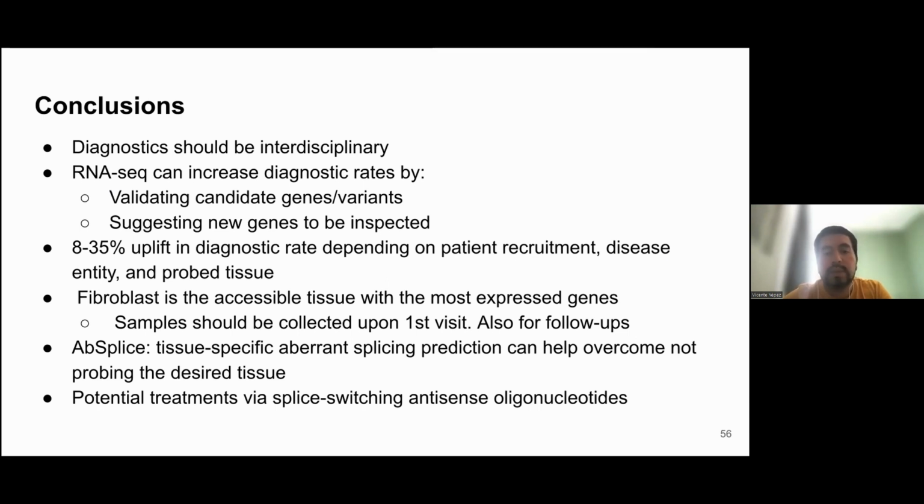So one recommendation could be that samples are collected upon the first visit, and that fibroblasts are quite good because they allow for follow-up experiments, unlike blood. Then we developed AB splice, which is tissue-specific RNA splicing prediction, and that can help overcome not probing the desired tissue. And finally, there's potential treatments via splice-switching antisense oligonucleotides that are still in the making.